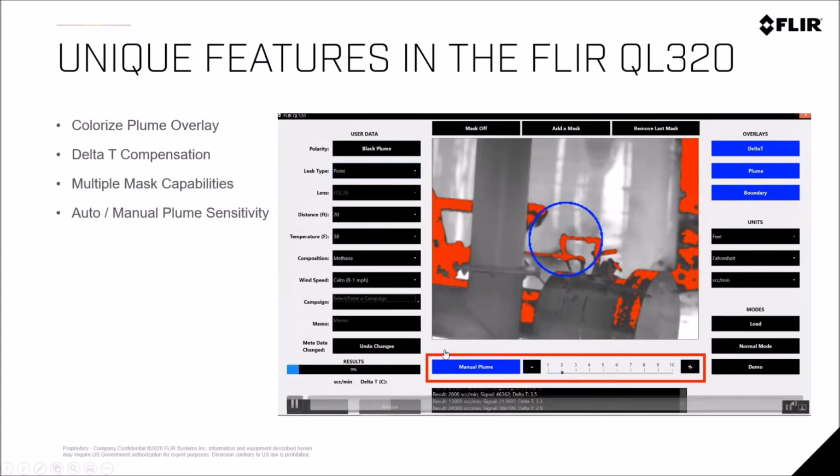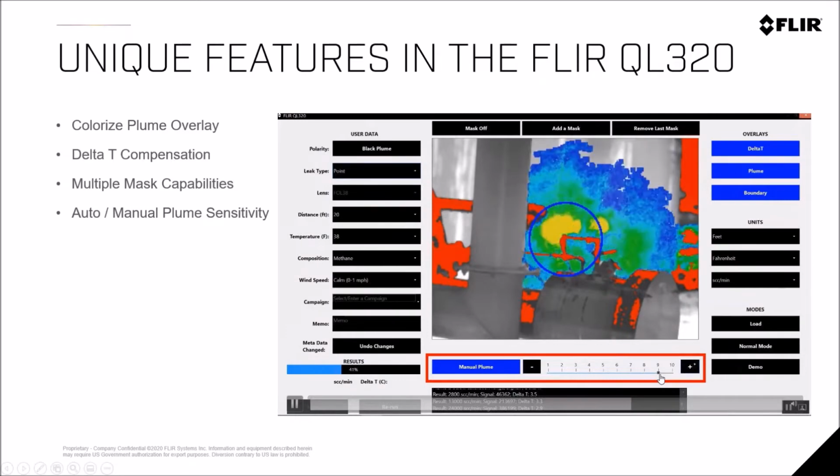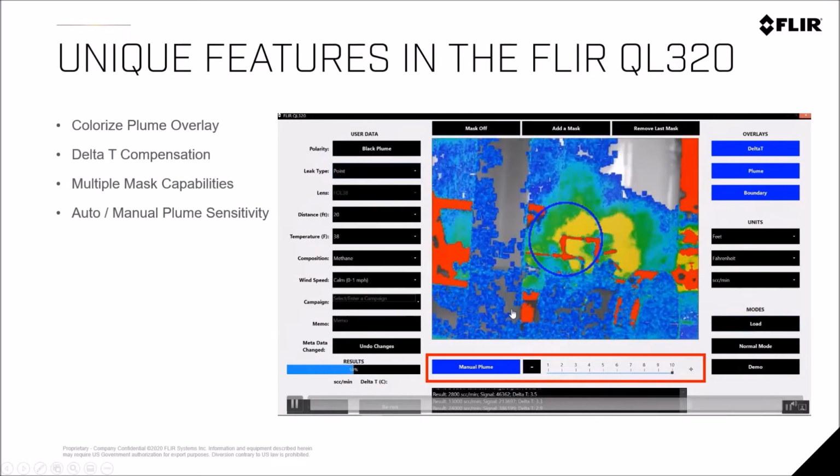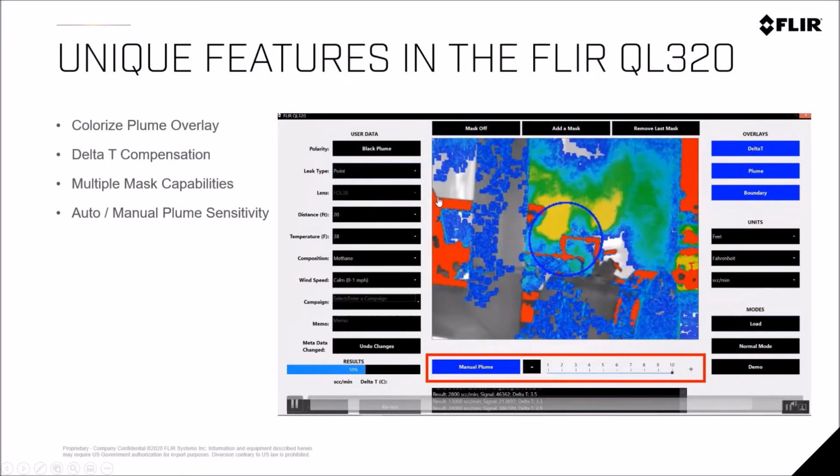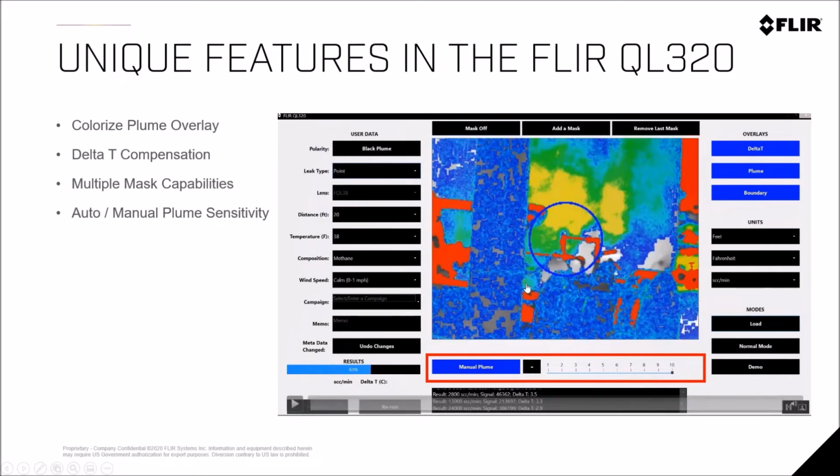This is auto plume sensitivity from 1. You'll see this going up. You'll start to see 5, 6, 7, 8, and when it gets to 9 and 10, there's really too much sensitivity here, and it's making it a challenge for the technology.